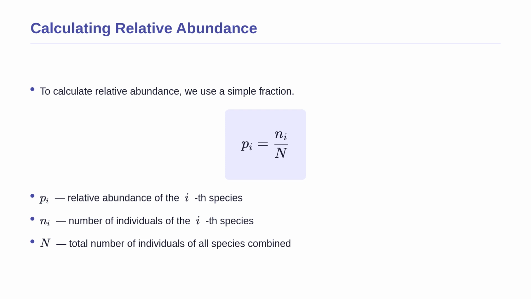To find it, we take N sub i, which is the raw count of individuals of that specific species, and we divide it by capital N. Capital N represents the total number of individuals of all species combined in the entire community. Physically, if the number of a specific species increases while the total community size stays the same, its relative abundance goes up, meaning it is becoming more dominant.